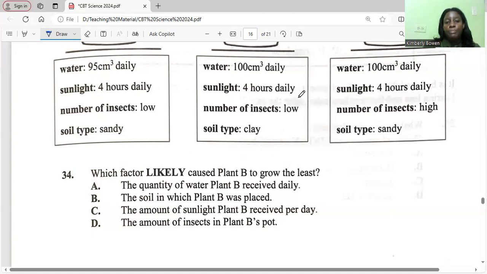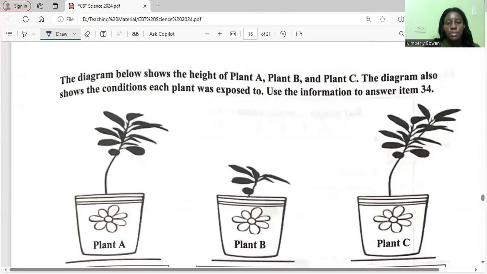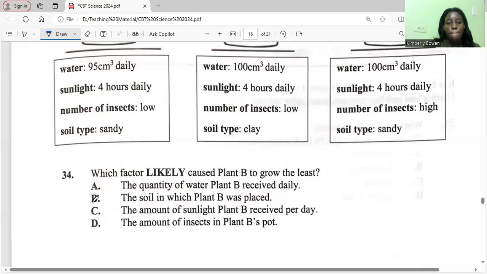It gets same sunlight. The only difference here is the soil type. So this looks like it's what's really causing the plant not to grow in comparison to the other. I'll go with B.